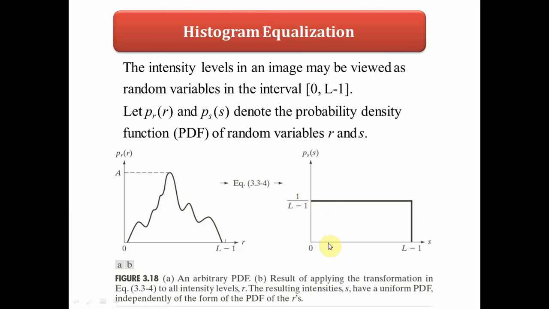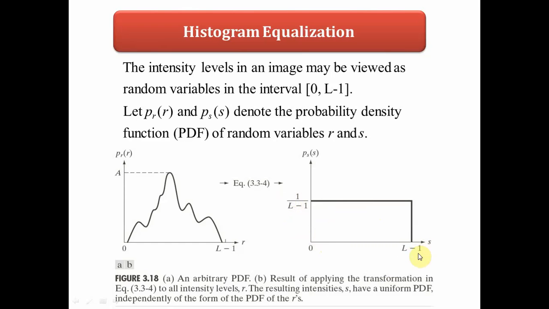So 1 minus 0 divided by L minus 1 minus 0 will be 1 upon L minus 1. That will be the slope for the uniform, when the output value is 1, where L minus 1 is the maximum input value.